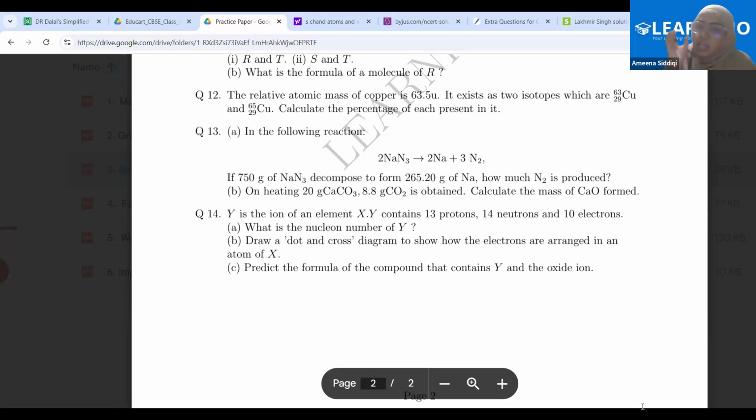My concern is that the total mass of the reactants is 750 grams, and that should be the total mass of the product: 265.20 grams plus X. To find X, I subtract 265.20 grams from 750 grams, and I get the mass of N2. Part B, the same thing. The total mass is 20 grams, and I have got 8.8 grams of carbon dioxide. To know the mass of the calcium oxide formed, I subtract 8.8 from 20 grams. Okay, that's it.